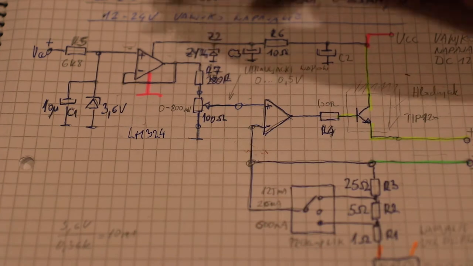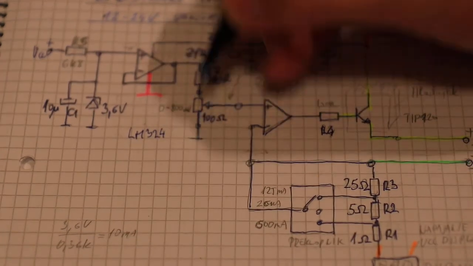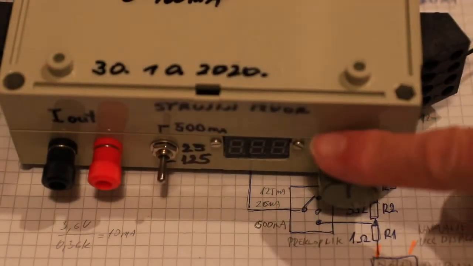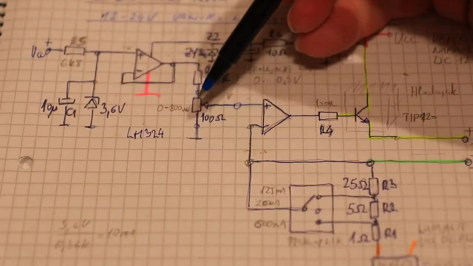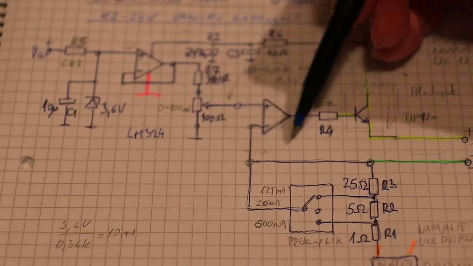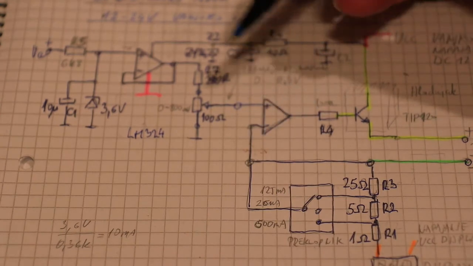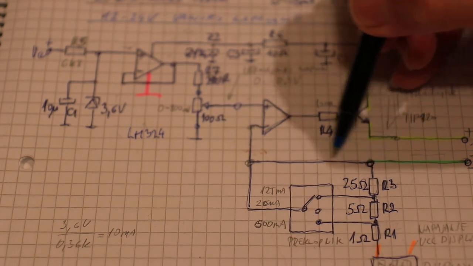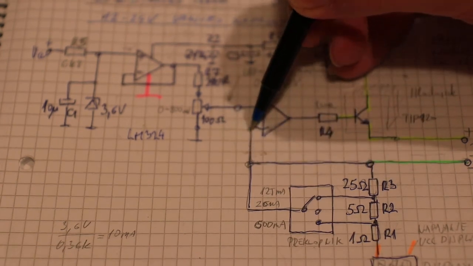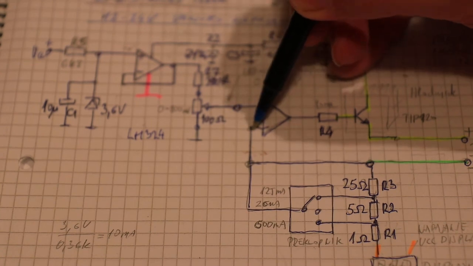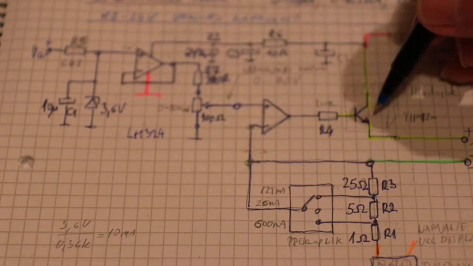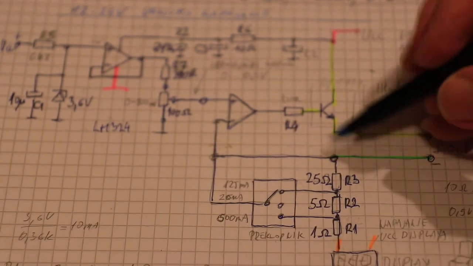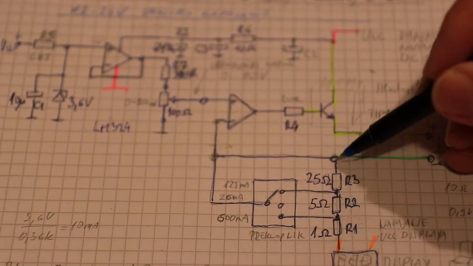Here is the reference voltage output. Here is the potentiometer for regulation, and here is the output integrated circuit that on this feedback keeps the same voltage as on the reference input, and that's why the output current is determined by the value of these resistors.